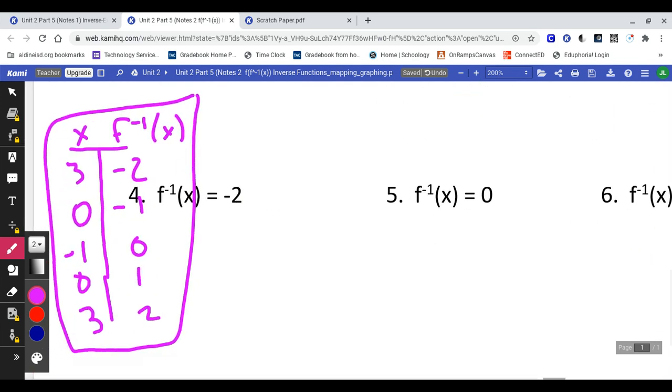For an example like number 5, I notice the 0 is across from the equals. So that means I need to find a 0 in the y column and copy down the number that's in the x column.